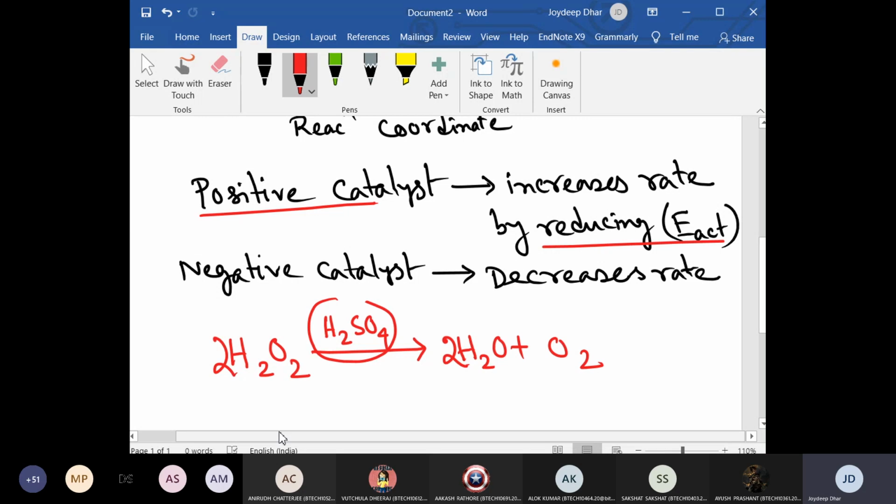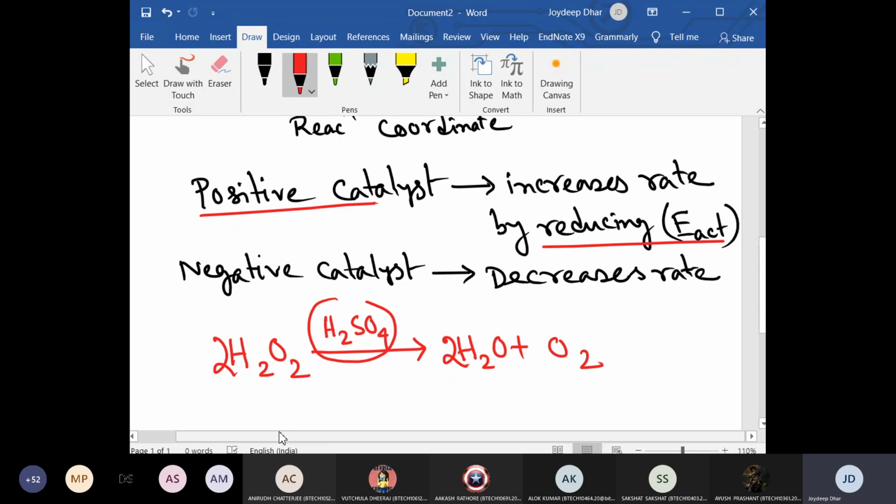Okay, negative catalyst, most of the time it will give some weak complex or some reaction. With H2O2, in this case H2SO4 will do some reaction. As a result, its decomposition will be stopped. Okay, so negative catalyst works in different way, but our main focus will be on positive catalyst, because in industry or in laboratory our aim will be always to reduce the time.